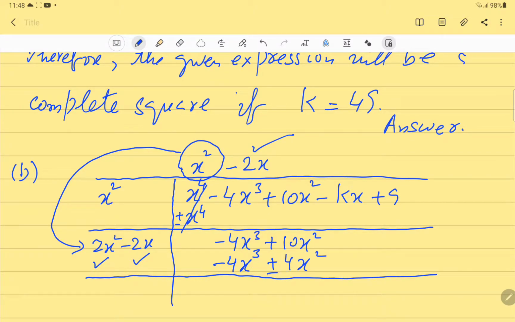Now we subtract these, the sign will reverse. Minus 4x cube will cancel with plus 4x cube. 10 minus 4 will be 6x squared. Now we will bring down the next two terms.